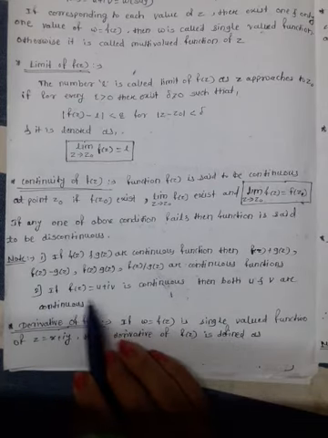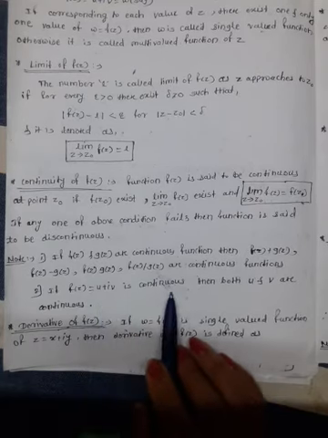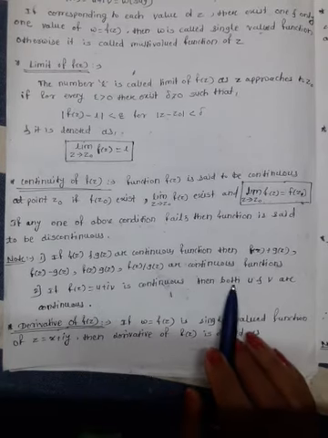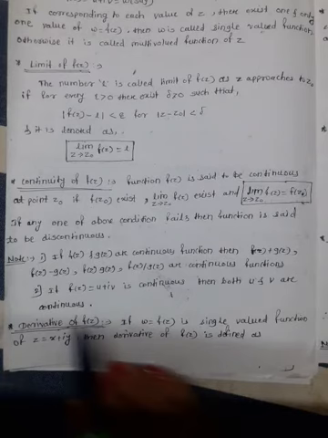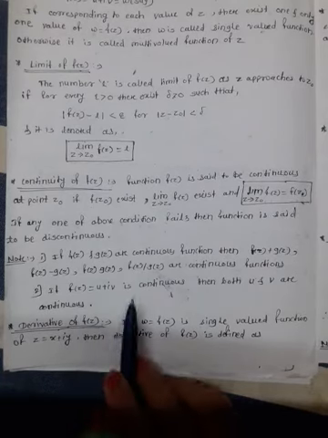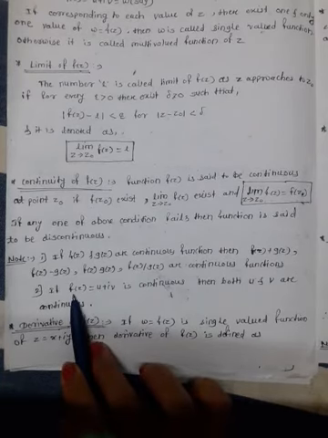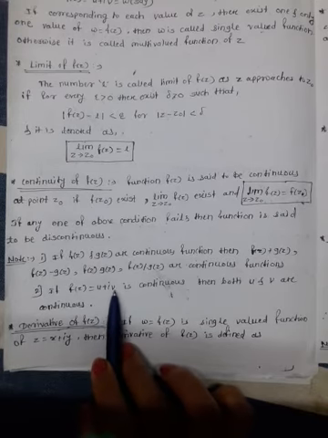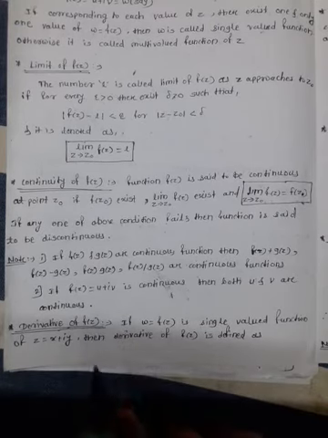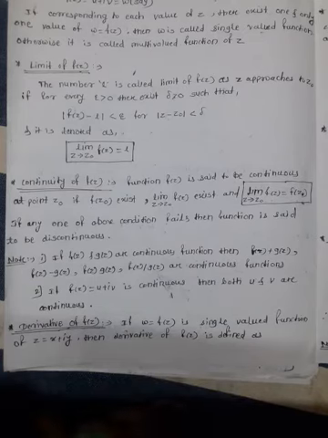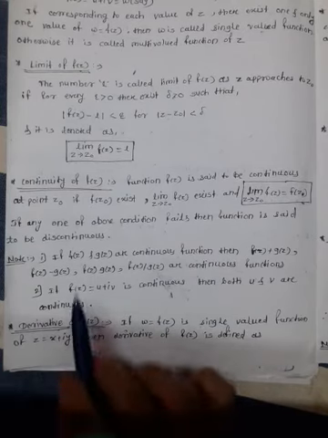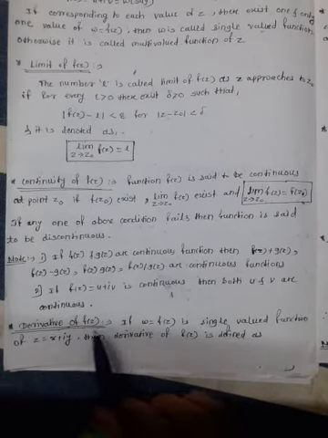Second note: if f of z is equal to u plus iv is a continuous function, then both u and v are continuous. If such a function f of z is continuous, then on the RHS u and v are also continuous functions.